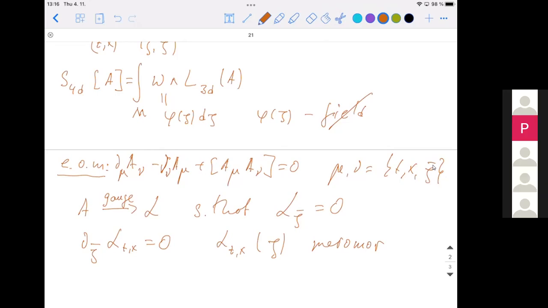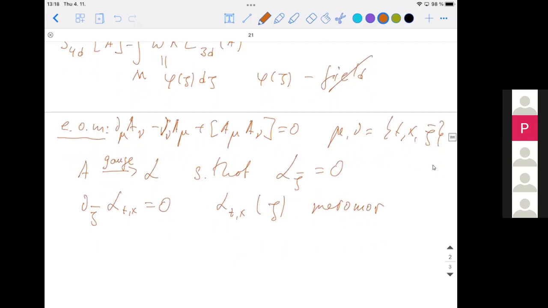What does this mean? A gauge L such that we will do some parametrizations for the A, such that the gauge transformation, so that this lambda in this A zeta bar, here just some gauge transformation, and this will disappear.